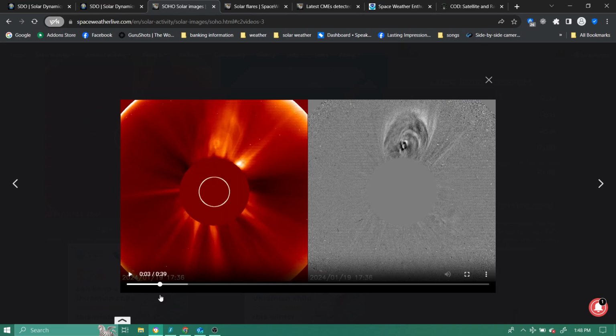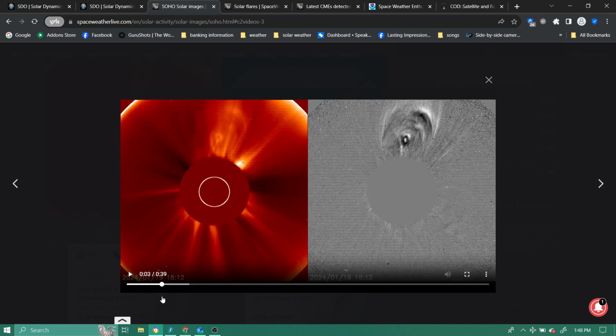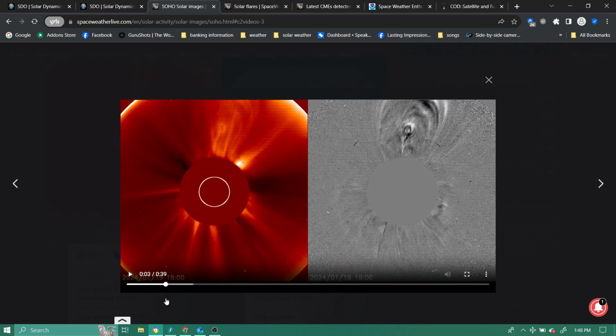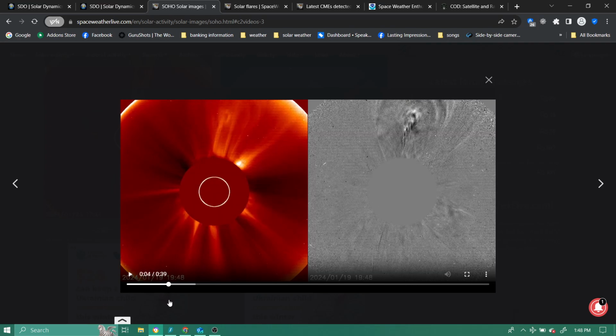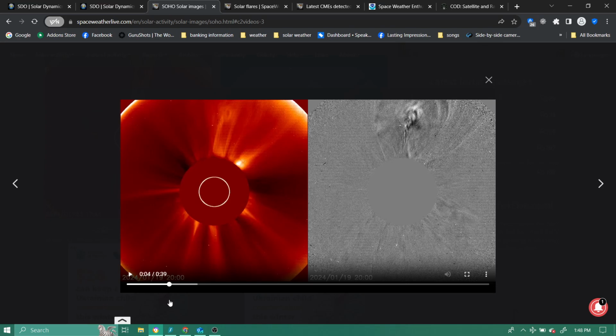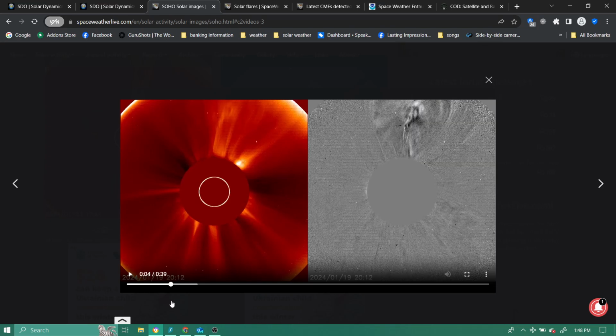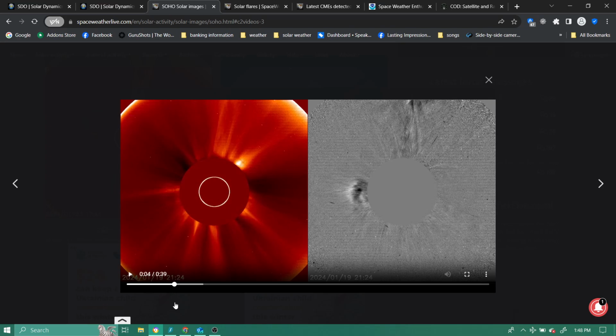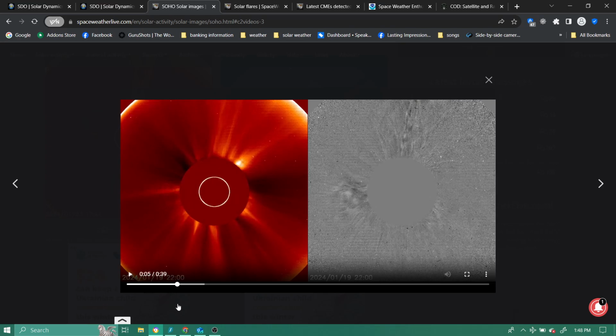But if you're paying attention and you're looking at the differential, there's still plasma moving out toward Earth. It's not big, it's not fantastic, but there's still stuff moving out toward Earth. There we have a big blast going away from Earth.